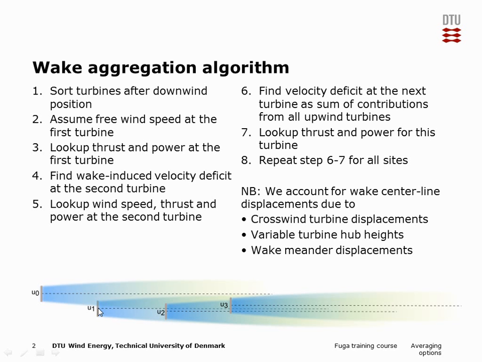And then when you know the thrust of these two turbines, you know the wakes of both turbines at this one, and you can combine them and look up what the wake effect is, and so on until you know the conditions for all the turbines in the wind farm.